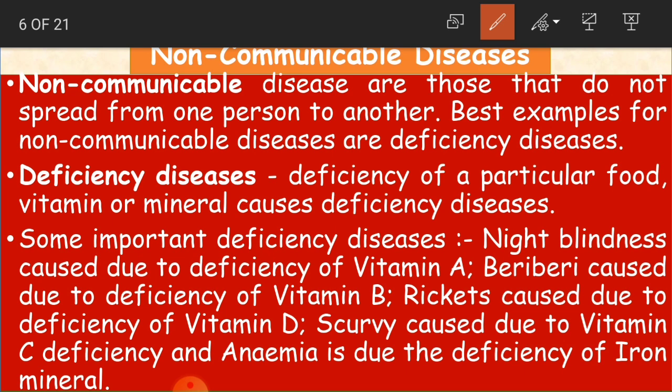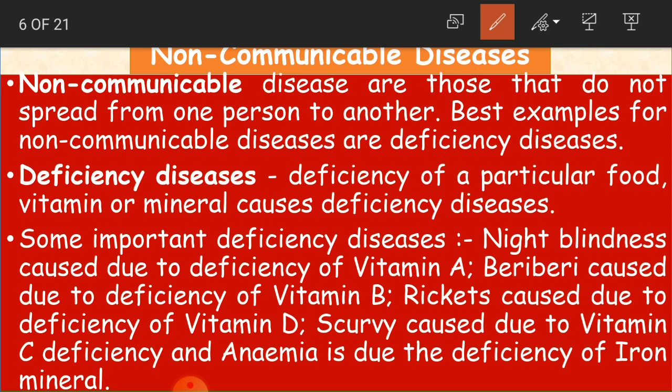Okay. And anemia is due to the deficiency of iron and mineral. Anemia is nothing but feeling very weak. Very thin or weak personalities, we call it anemia, because of deficiency of iron and mineral. So we will be having this anemia problem. Okay, children.